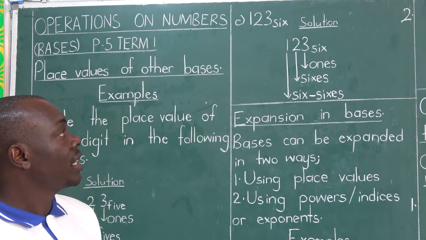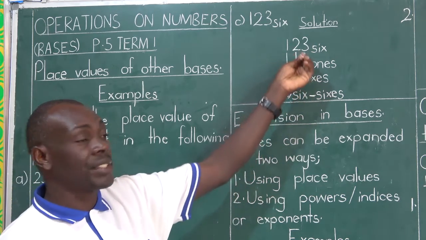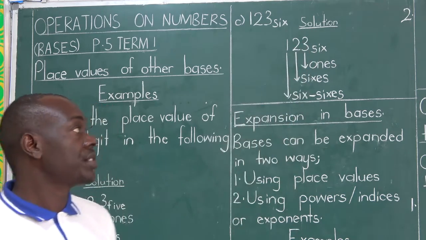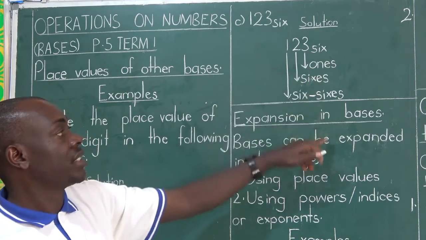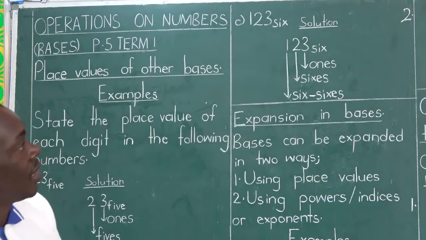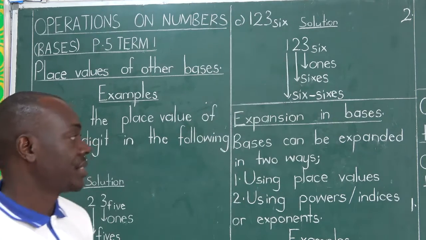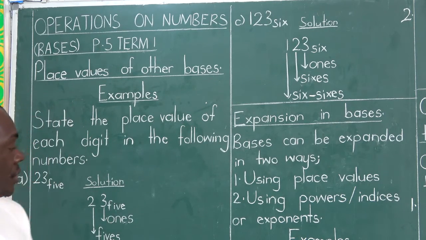So in short, in every base, the first place value is 1s, then you go to the base. So we say 1s, 6s, 6 6s, because of this base. That way, you have learned how to locate place values in a given base.